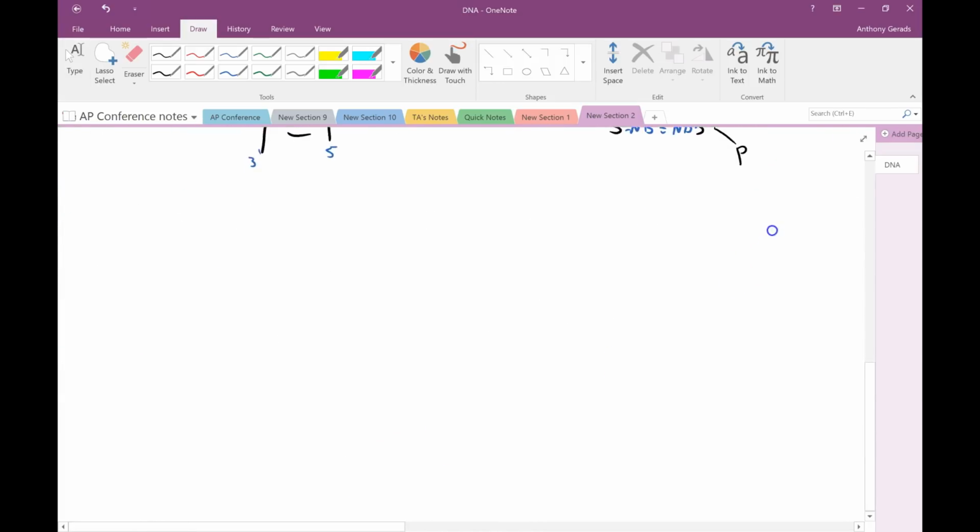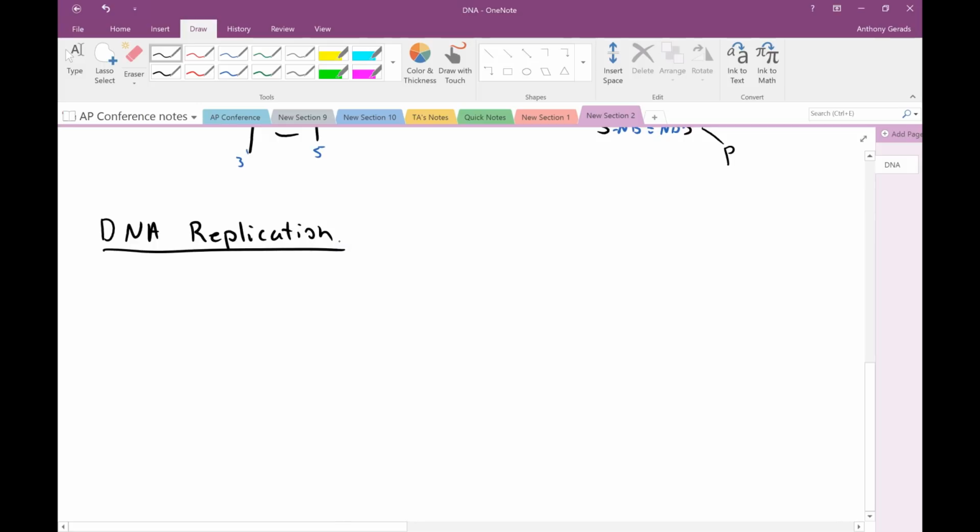Now let's start talking about DNA replication. If I look at it, so we have a specific model that we have for how DNA gets replicated. It's called the semi-conservative model. So it's a semi-conservative model, meaning if I were to take the parent strand of DNA, let's say it looks like this, and I said blue equals old, and I replicated it.